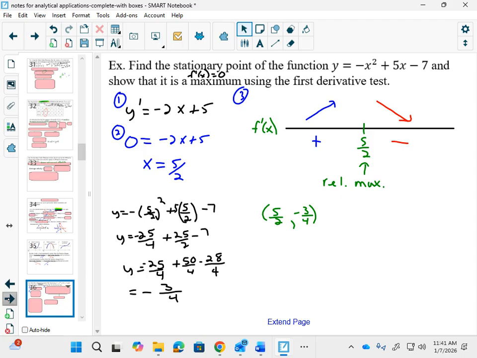If I have use of my calculator, how could I do it quicker? Because you're going to be tempted when you have your calculator to do old school, like, oh, I can figure this out. That's great, I'm glad you can. But if you have a faster way with your calculator, we should use that.